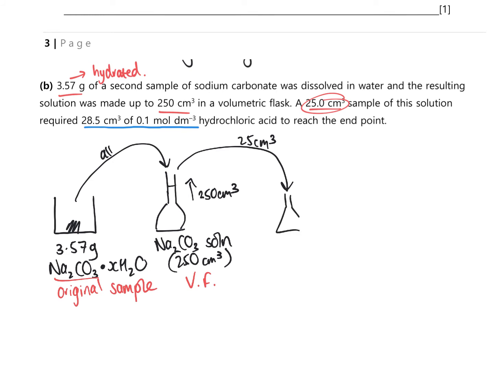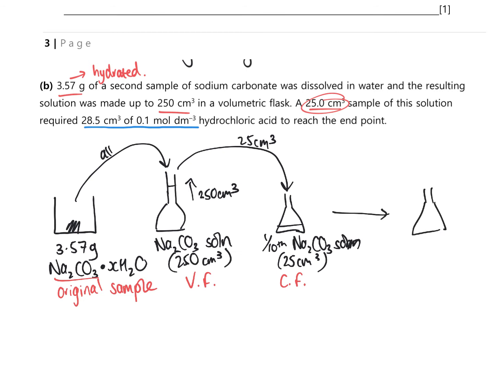So what portion is that? That's a tenth of our sodium carbonate solution. That is 25 centimetres cubed. Sorry, this is very messy. And that is our conical flask. So in case they ask us how many moles of sodium carbonate there are in the conical flask, we're going to take that and do our titration from that.